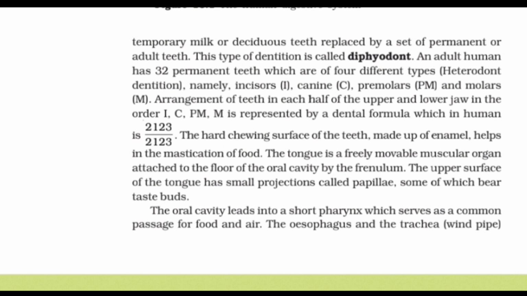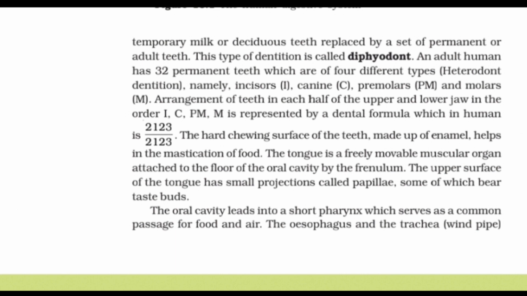The hard chewing surface of teeth, made up of enamel, helps in the mastication of food. The tongue is a freely movable muscular organ attached to the floor of the oral cavity by the frenulum. The upper surface of the tongue has small projections called papillae, some of which bear taste buds.